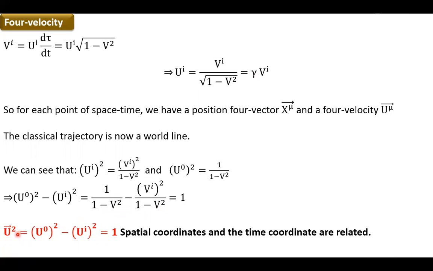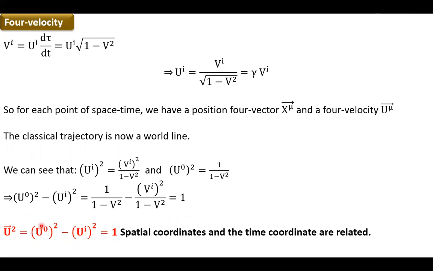So u squared is equal to u0 squared minus ui squared. When you take the norm of a 4 vector or the square of a vector, you take it in the form of a proper time.